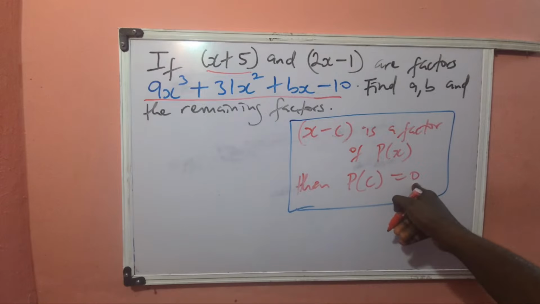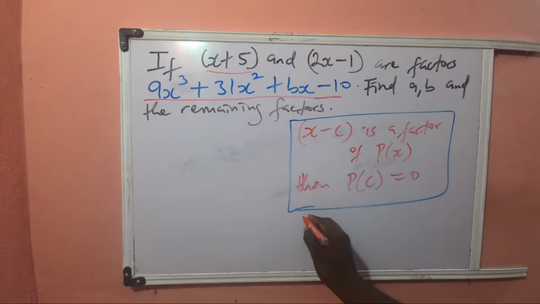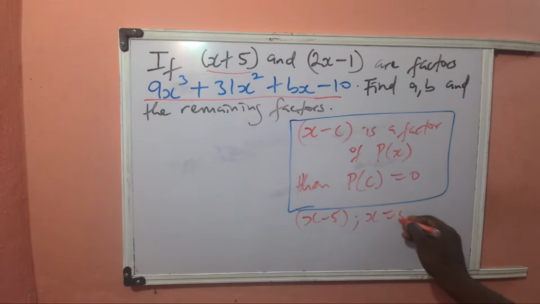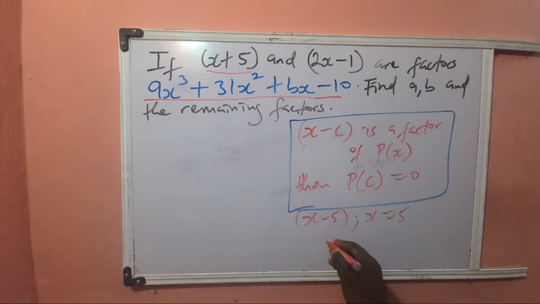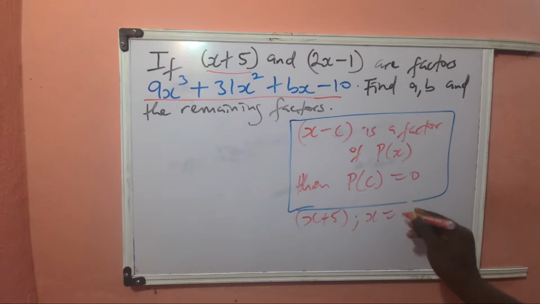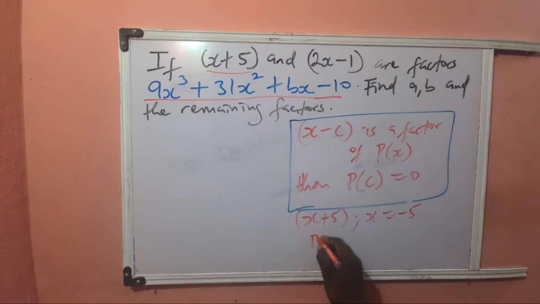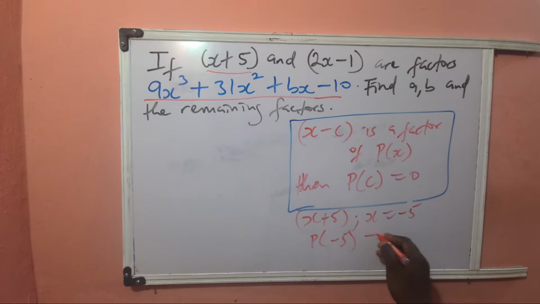P of c should be equal to 0. That means in this case, if x plus 5 is a factor, that means x equals minus 5. So we are saying that p of minus 5 must be equal to 0, according to the factor theorem.